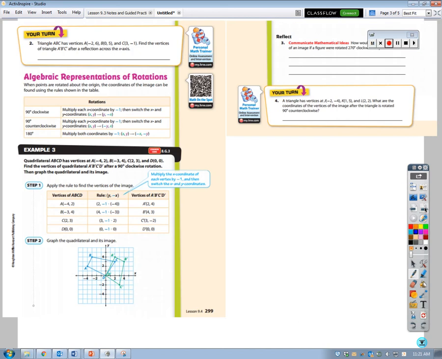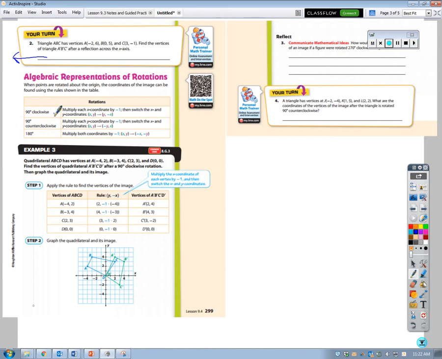Okay, so the last one that we're looking at, and we just did this on the previous page, right, is algebraic representations of rotations. So when we're using points that are rotated around the origin, this is assuming that our center of rotation is the origin. So that's how you have to use this rule. The coordinates of the image can be found using the rules in the table.